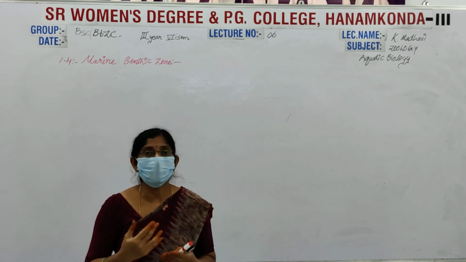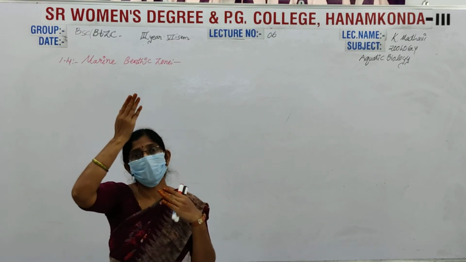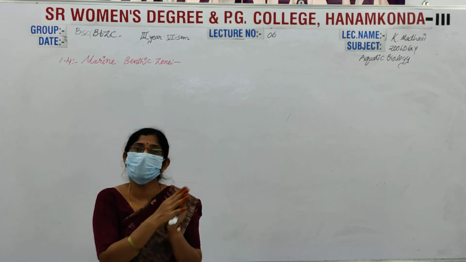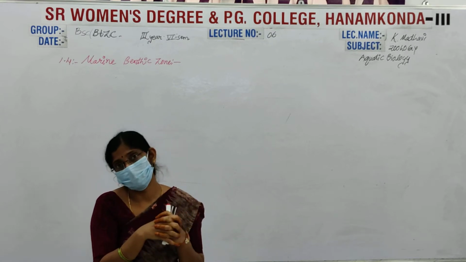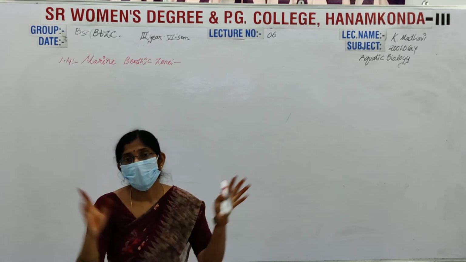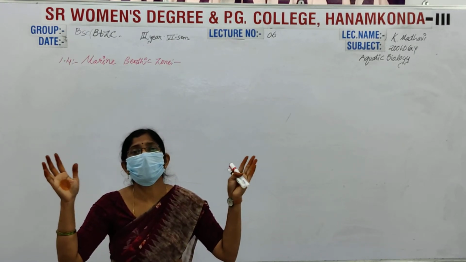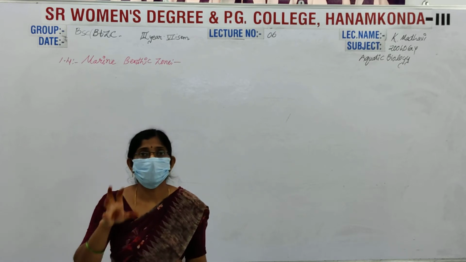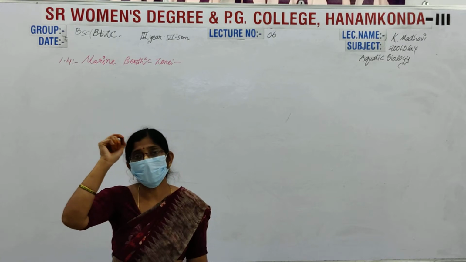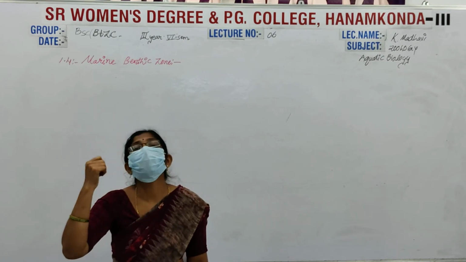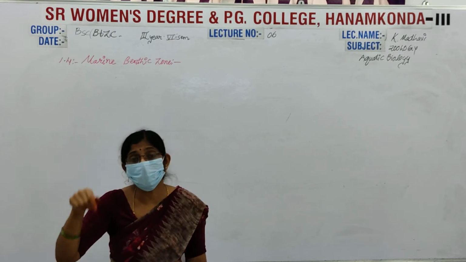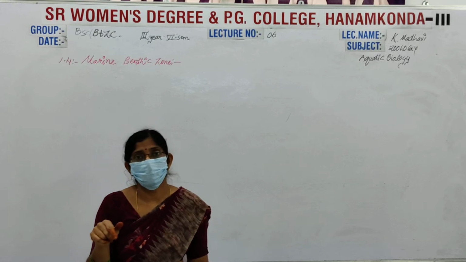Pelagic means the upper layers of water. Pelagic means here the littoral zone, sea shore, the intertidal regions. In the ocean, the pelagic region is where the surface water allows sunlight to penetrate up to 200 meters, and 200 to 1000 meters is the mesopelagic zone.